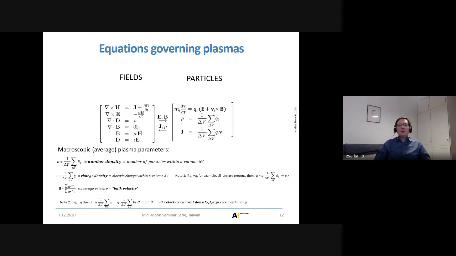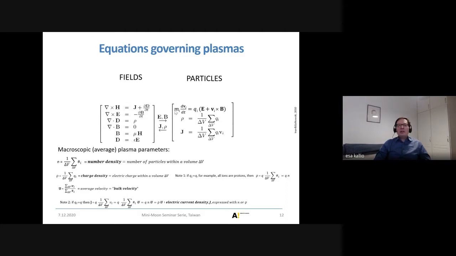So when we want to make a consistent model that really combines mass and fields, we have to derive the charge and current density from the particles in order to see how the fields change in time and space.